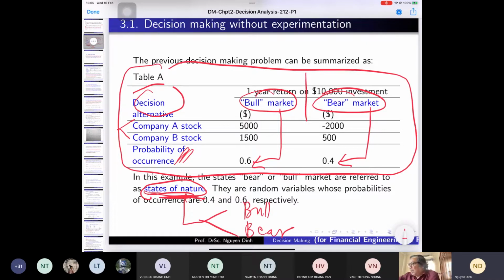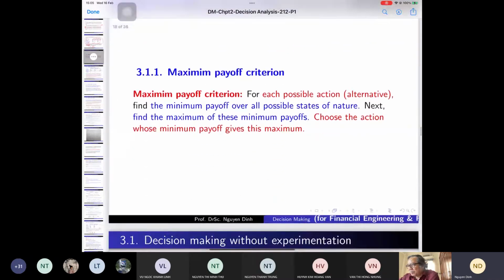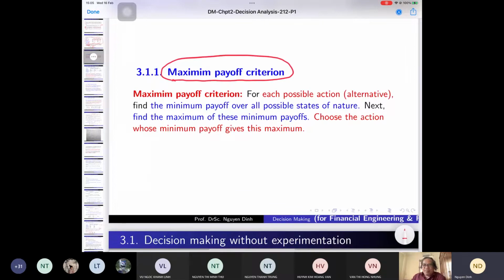Now there are some ways. I tell you some ways. The way is here: maximum payoff criterion. This is one criterion based on the payoff.